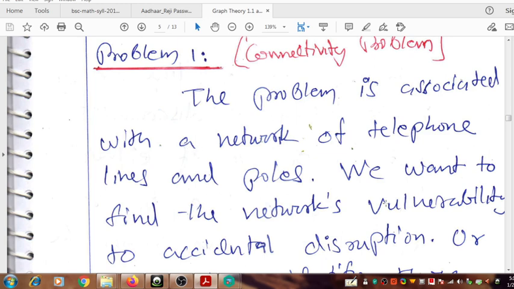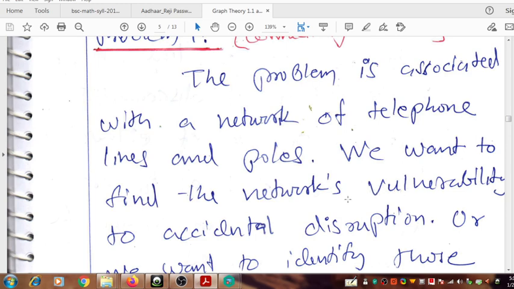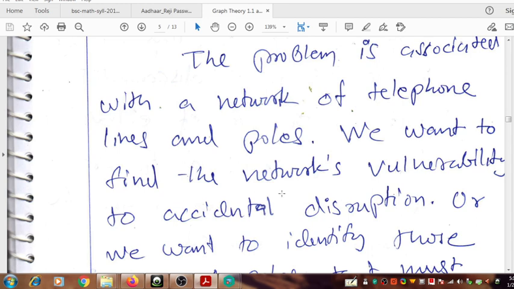In the word, you can see here the last letter Y is missing. Vulnerability. So we want to find the network's vulnerability. What is the network? The network is the graph behind. There will be a graph behind that problem, or representing that problem. That is called the network. Find the network's vulnerability to accidental disruption.